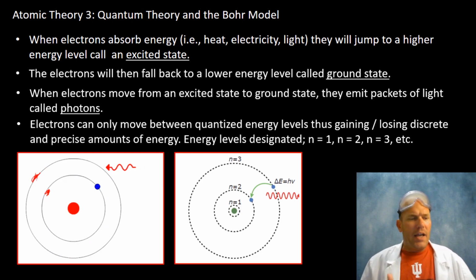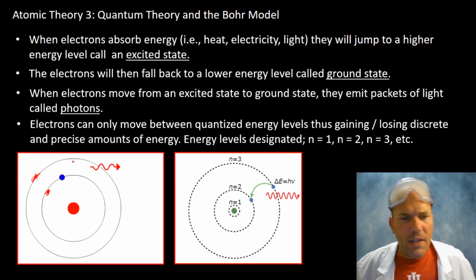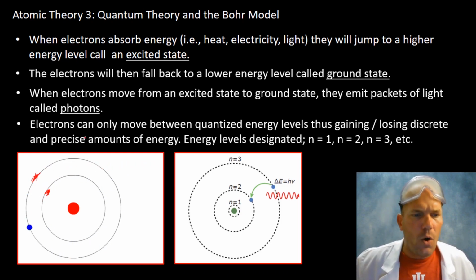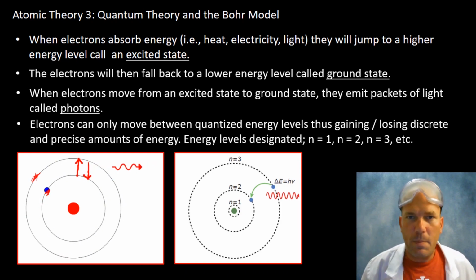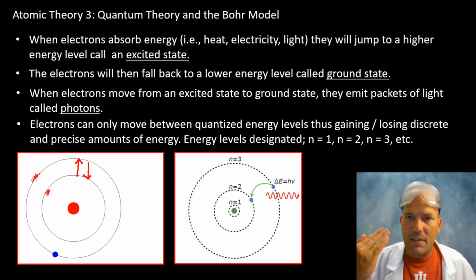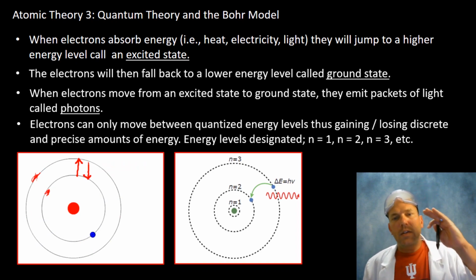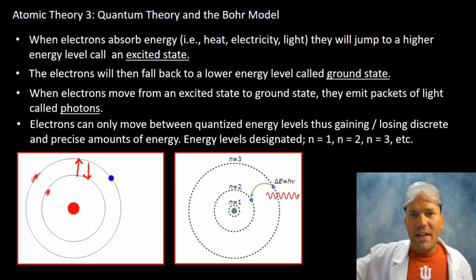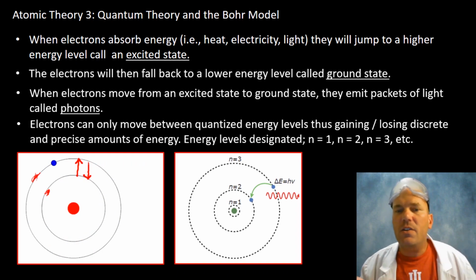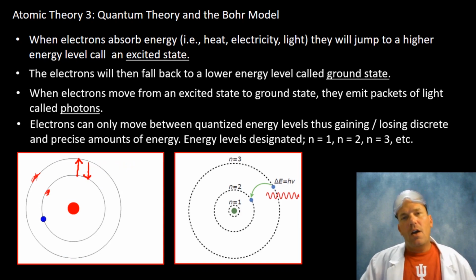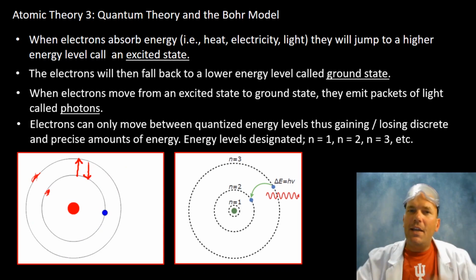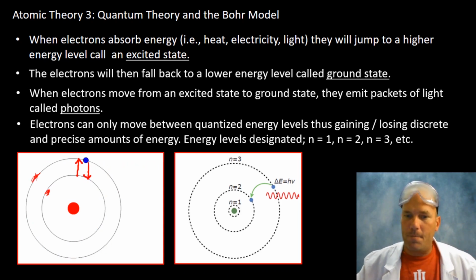Now, quantized energy levels are very exact. If you look at this diagram, what can this one electron do? It can only move this far. It can jump that far, and it can fall back that far. There's no intermediate, and that's what I mean by discrete, okay? So these quantized energy levels are called n equals 1, n equals 2, n equals 3, and so on.